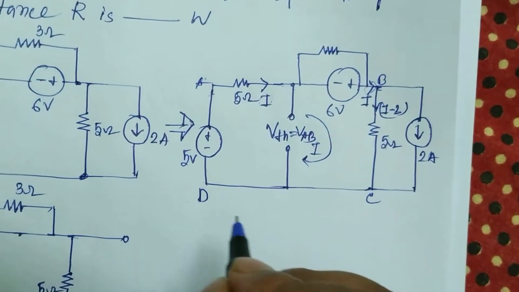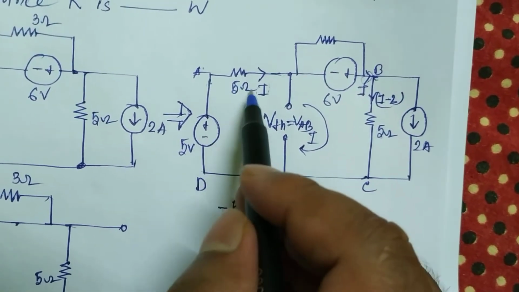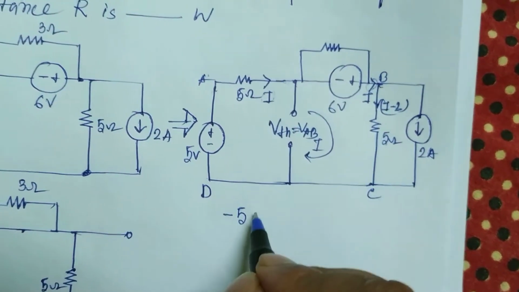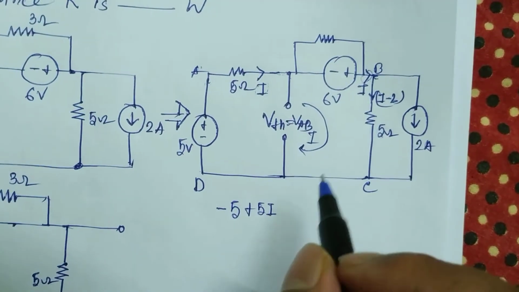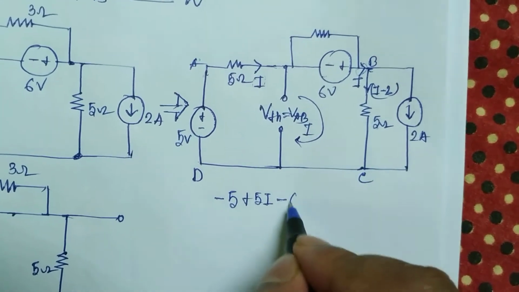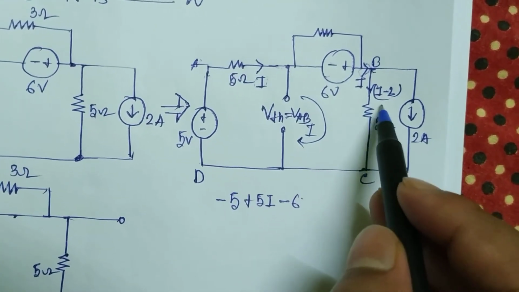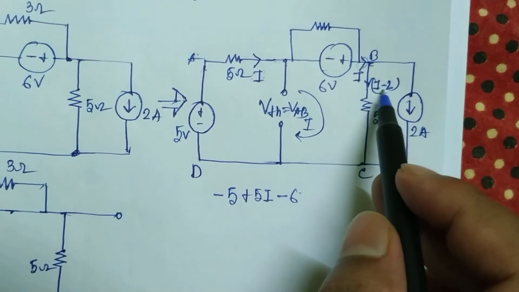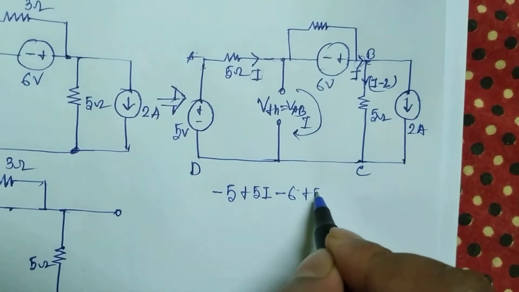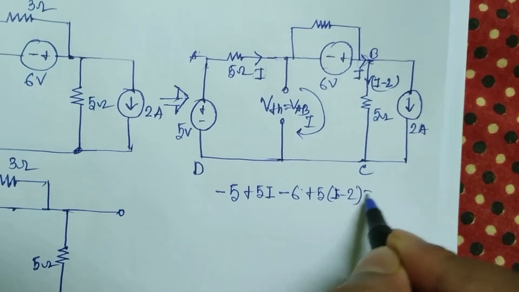So minus 5, and then I goes through the 5 ohm resistance, so it will be 5I, and then minus 6 volt, and in this branch the 5 ohm resistance has current I minus 2, so plus 5 times (I minus 2) equals 0.